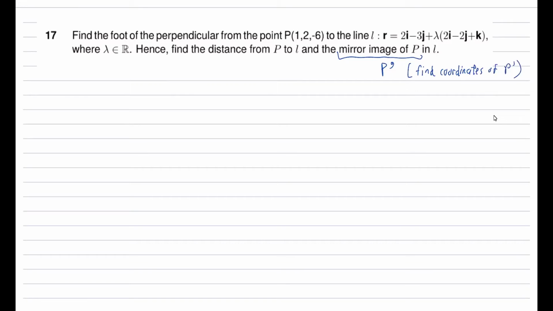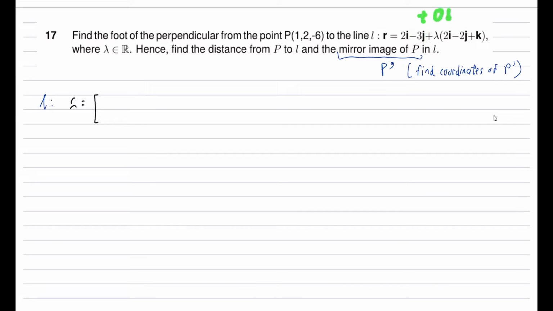Okay, how do we do that? First thing first, copy down the line. Slowly. r equals 2i minus 3j. You notice something weird? Where's my k? ijk, where's my k?